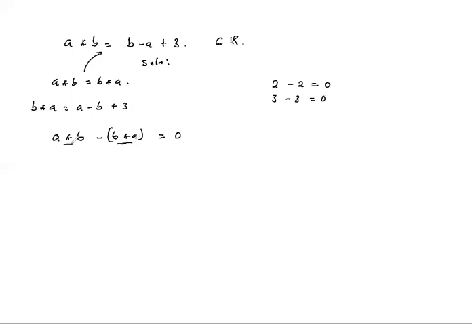So let's see. A star B is B minus A plus 3 minus B star A, which is A minus B plus 3. So what do we get? We get B minus A plus 3 minus A plus B minus 3. So what do we get? The 3 will cancel.